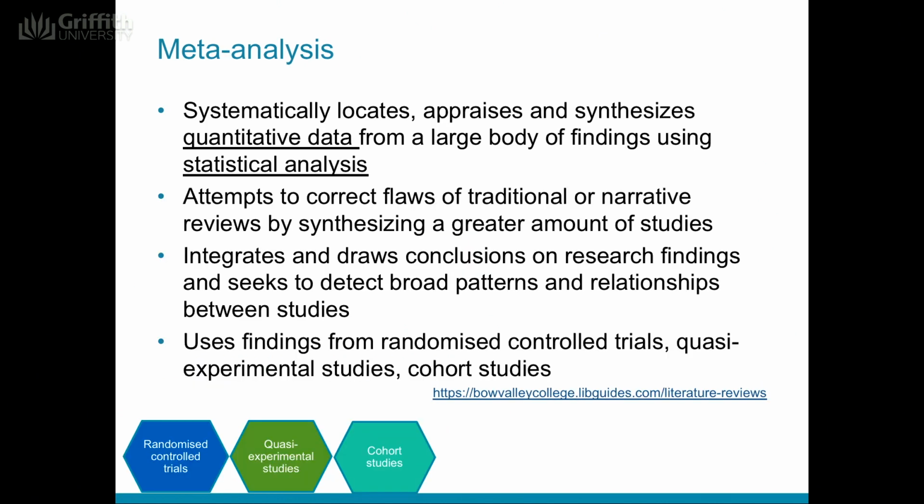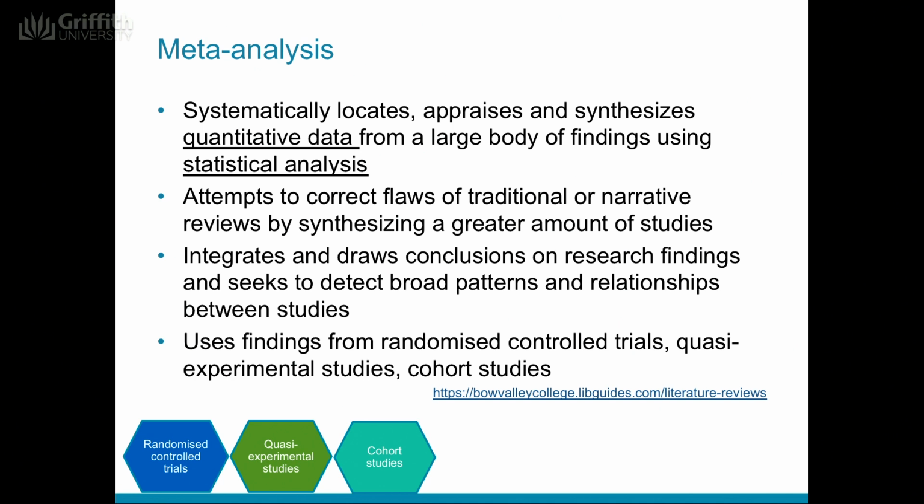Now, meta-analysis is an even more rigorous approach than a systematic review, because what a meta-analysis does is it locates, appraises and synthesises quantitative data from a large body of findings, and then uses statistical analysis on the data of those previous research projects.